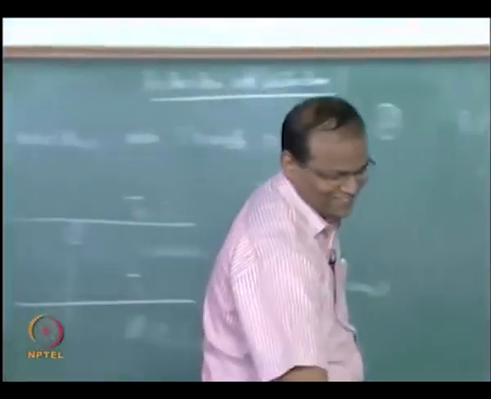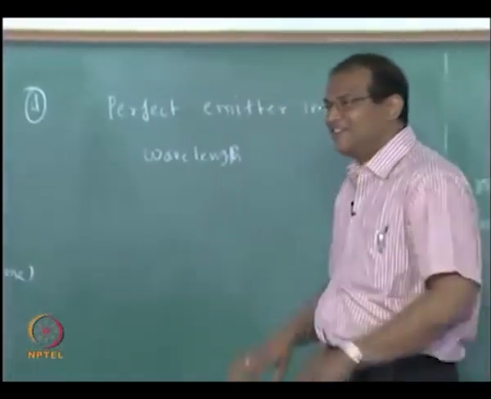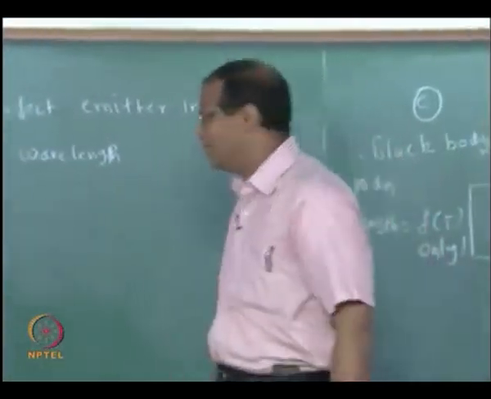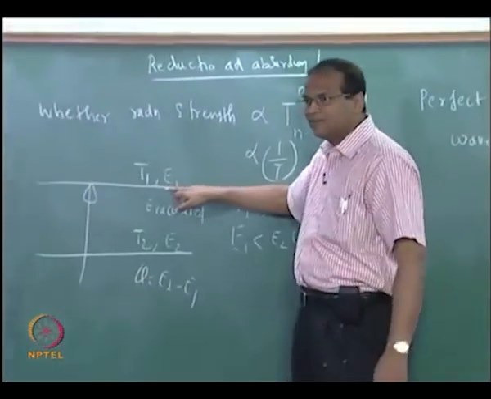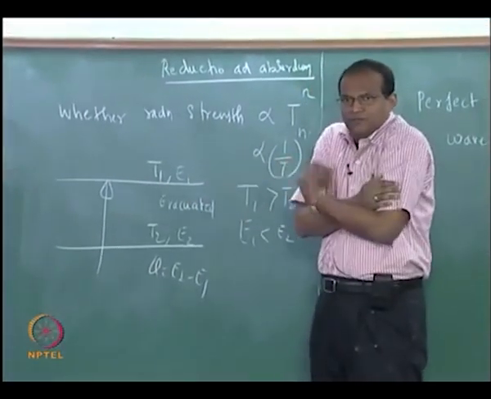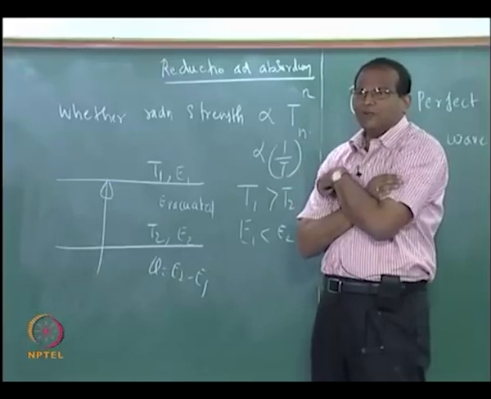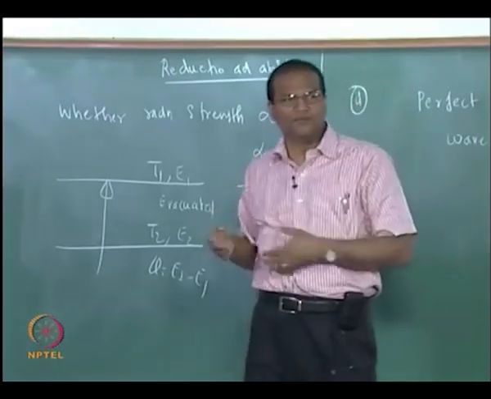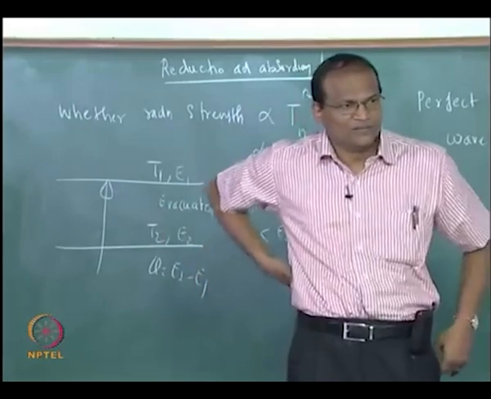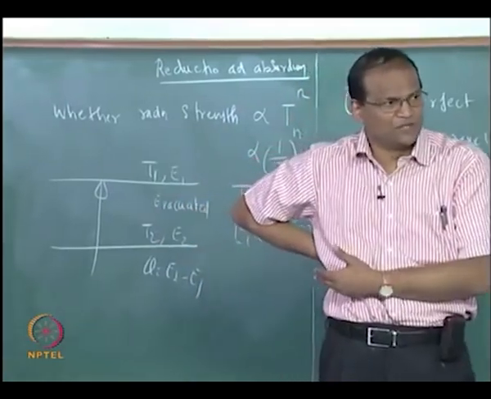Okay, so now these are the attributes of a black body. Now what is the story? What is this E? We don't know. Is it T to the power of 1, 2, 3, 4, whatever? We don't know. So many of the best brains 100 years back were working on this problem.